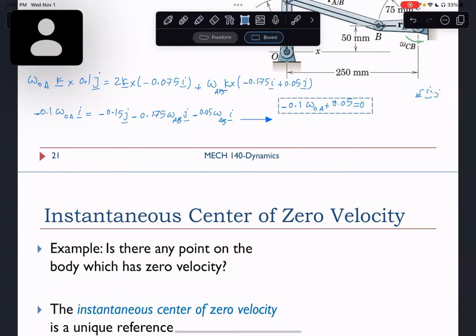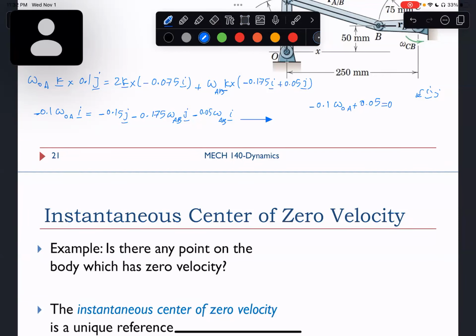Let me explain what I'm doing. We match the I and J coefficients. Okay, so the I coefficient gives you this, right?